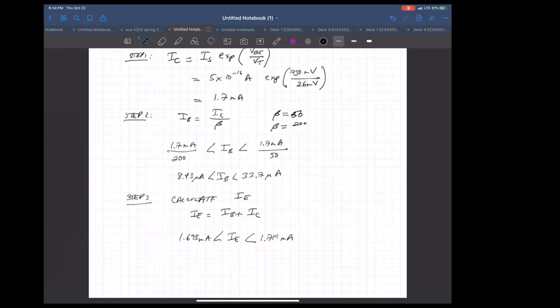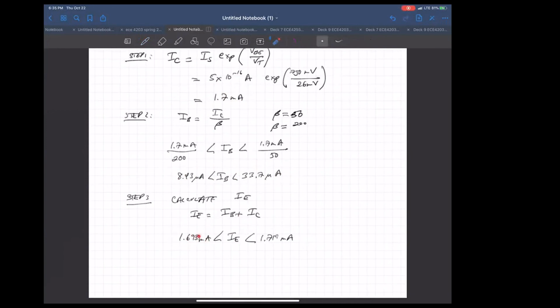Whew. Okay, so a few notes here about what we're seeing. Notice that I sub c is 1.7 milliamp, and I sub b is in the microamps. So this is single-digit milliamps, and this is maybe double-digit microamps, so significantly less than the collector current, and also significantly less than the emitter current.